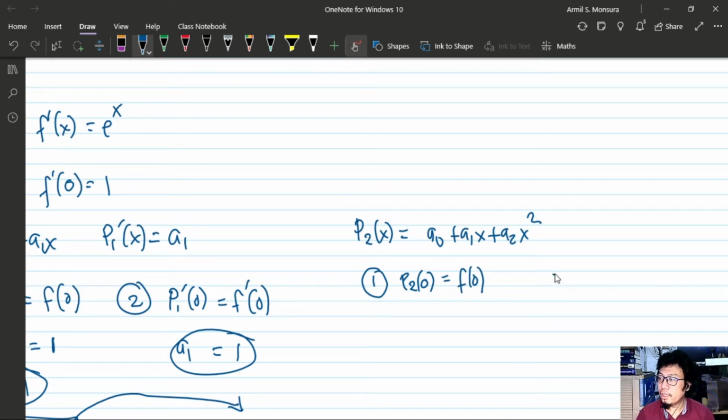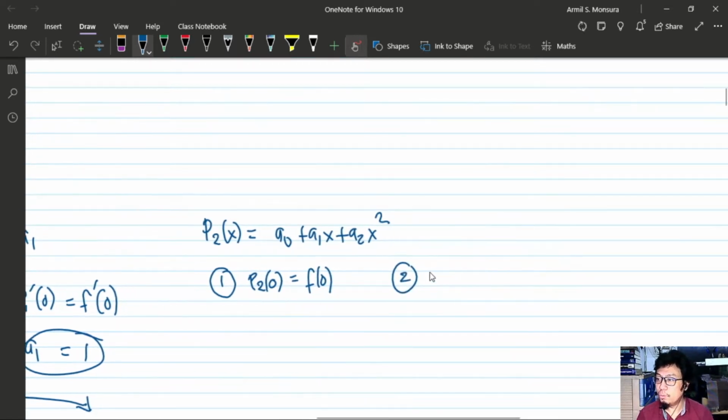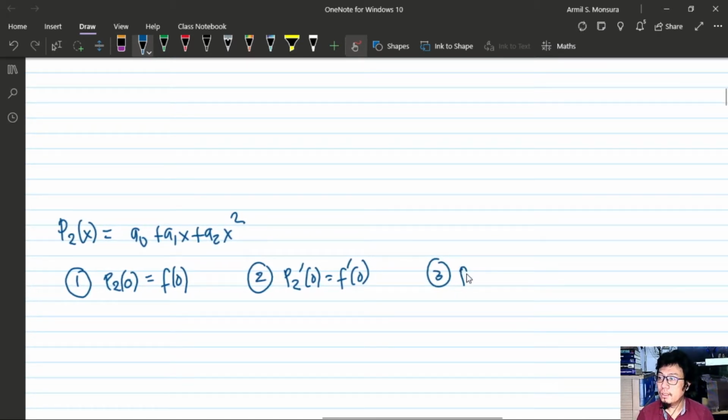The second condition is that their slopes are equal, P2 prime of 0 equals f prime of 0. And our third condition is that their second derivatives, P2 double prime of 0 equals f double prime of 0, should be equal also.